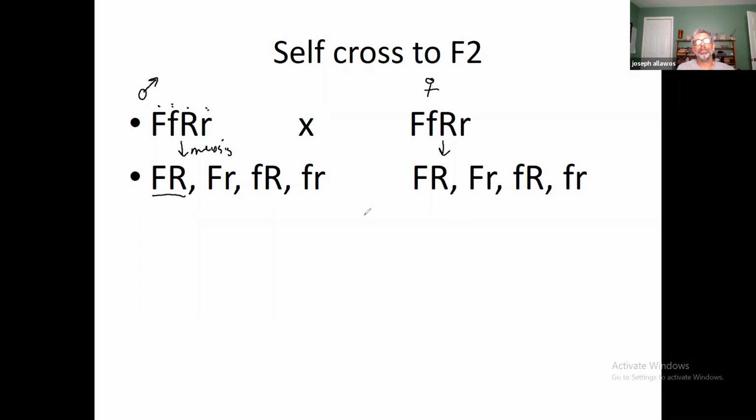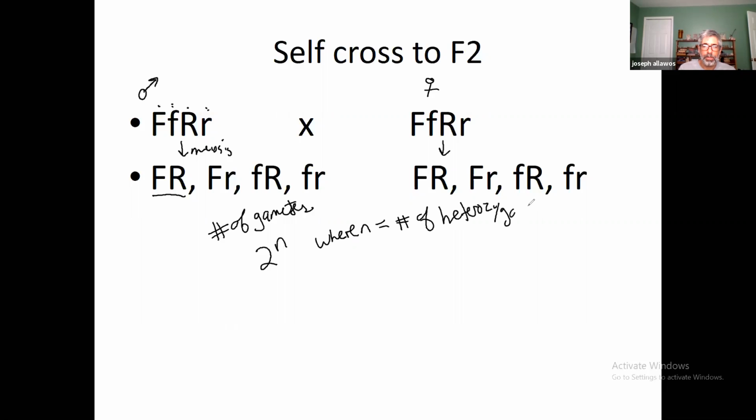Now, you may wonder, is there a way to know how many they're going to make? And there is actually a formula, and I'm going to give you the formula, and you might find it useful. The formula is 2 to the n. This tells you the number of gametes that you're going to get from a parent, where n is equal to the number of heterozygous alleles.